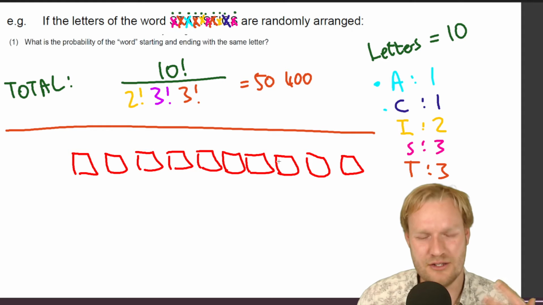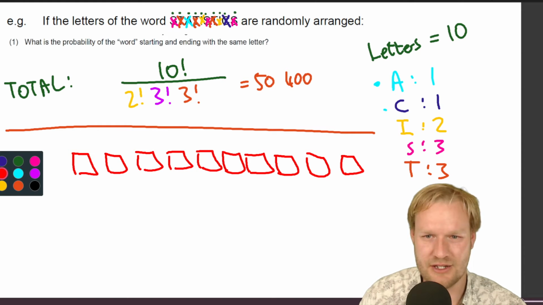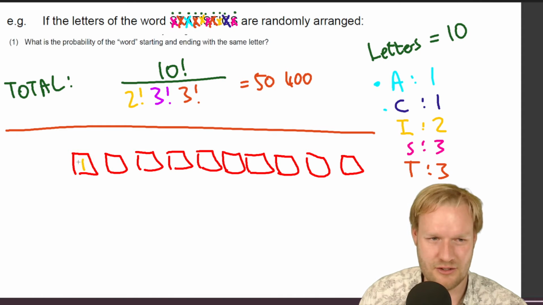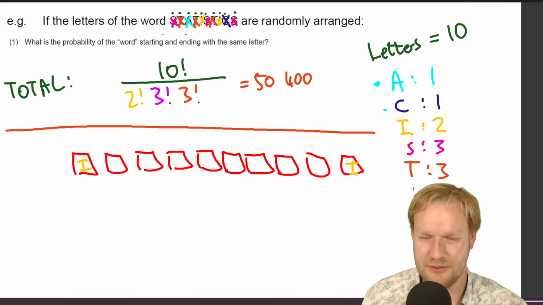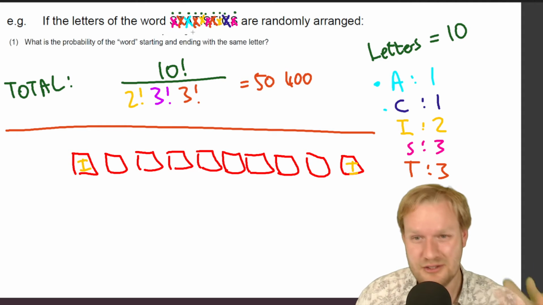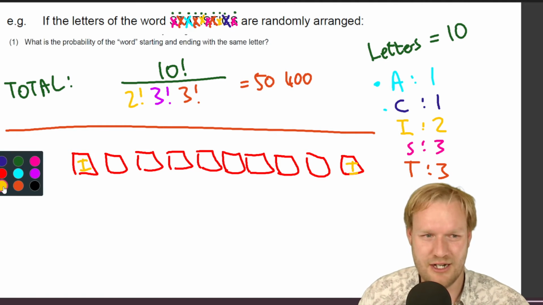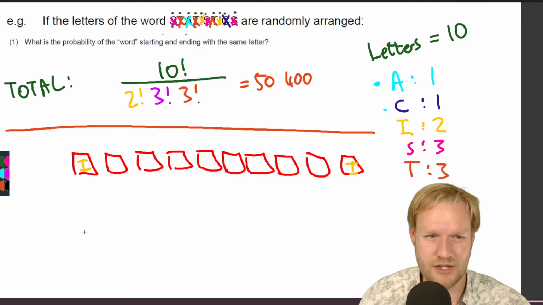Now we need to consider 3 different options. The first option is that we've got an I to start and end, so we've got an I and an I. Why can't we start and end with an A? There's only one A, so we can't have A and A. Then we can fill in the rest of the letters. Similarly, we could also do it with our S's.